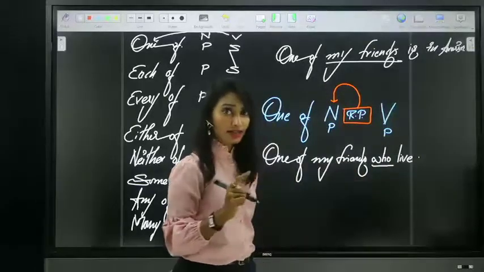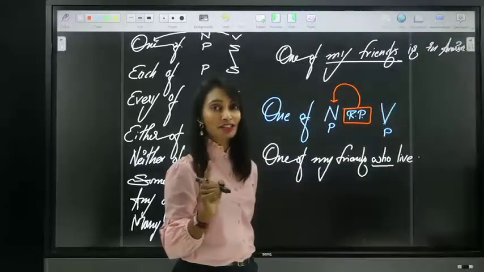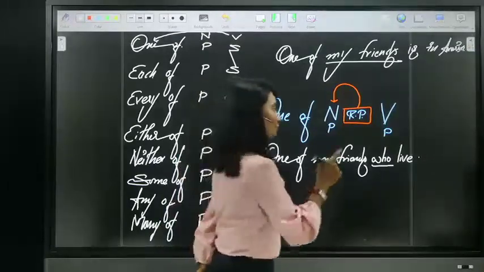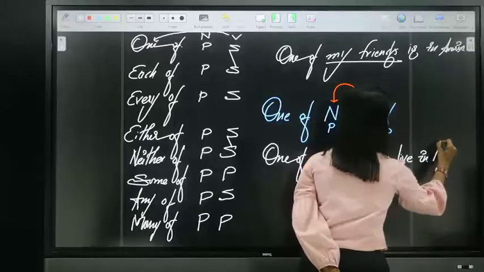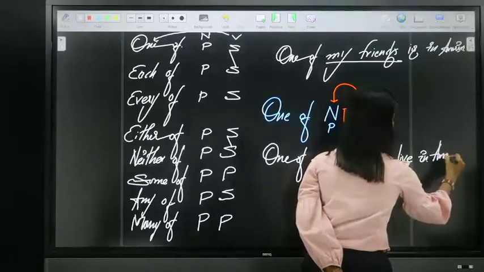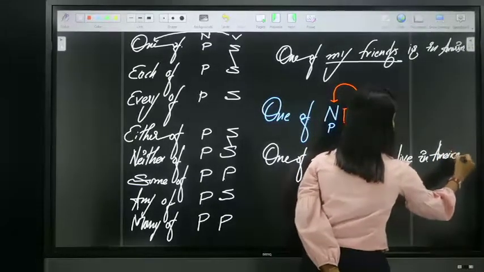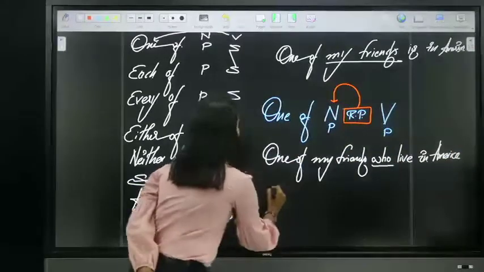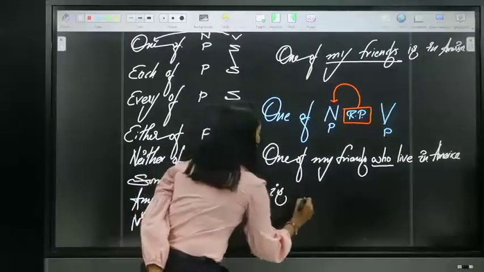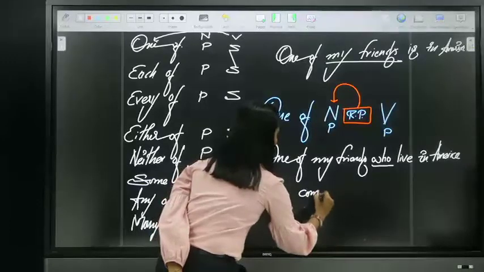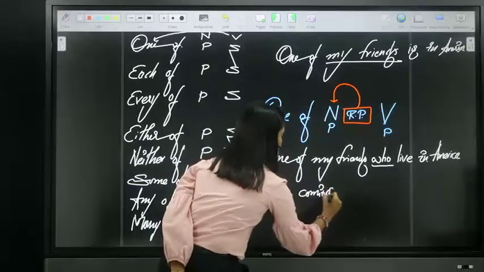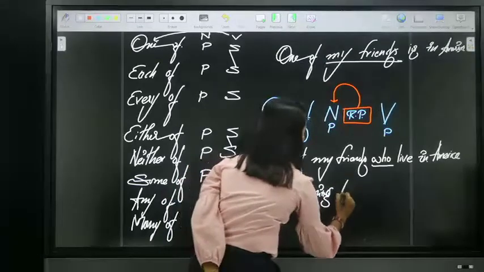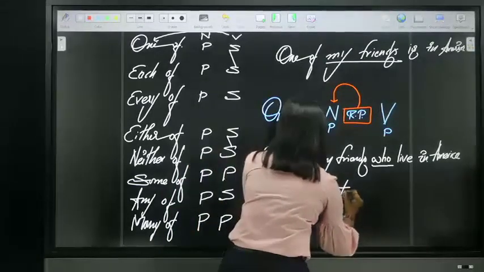A plural verb doesn't end in S. Only a singular verb ends with S. So, who live in America is coming today.